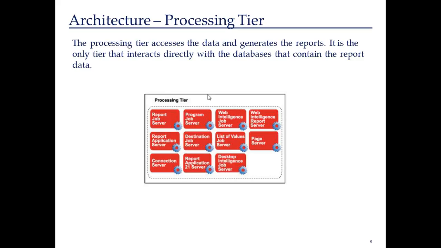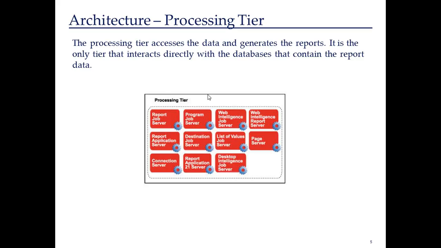To run a Crystal report on demand, in the sense that you're directly double-clicking and opening a report, you should have report application servers running in the background. So for Crystal reports, you have a job server and an application server. For Deski reports, you have a job server and an application server. And for Web Intelligence, you have a report server and a job server. All the report servers are for on-demand processing and all the job servers are for scheduling purposes.